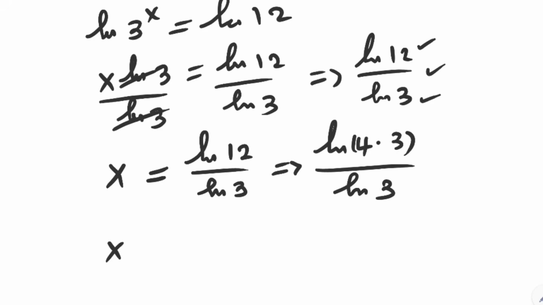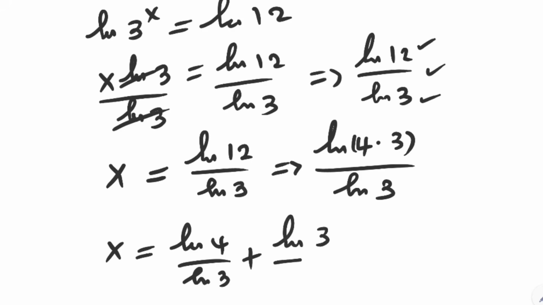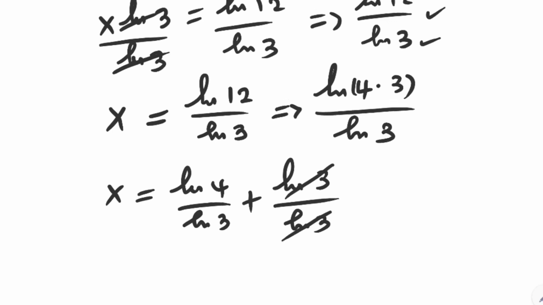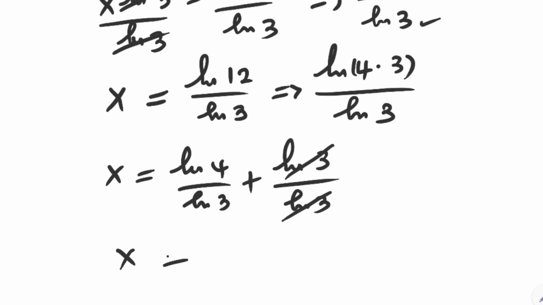Then this is x is equal to ln of 4 over ln of 3 plus ln of 3 over ln of 3. This ln of 3 cancels this ln of 3. x is equal to ln of 4 over ln of 3 plus 1.